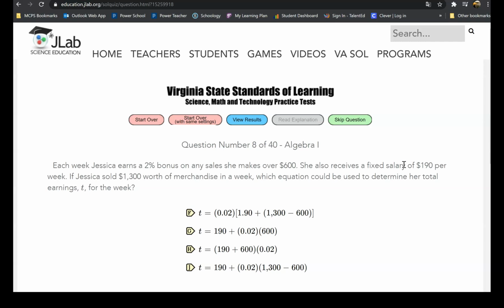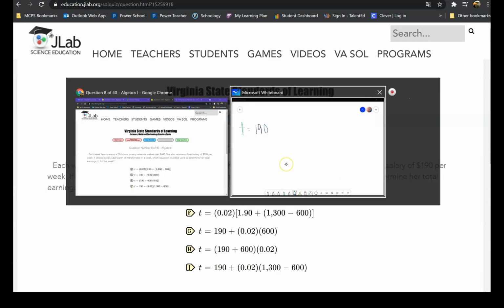She sold $1,300 worth of merchandise this week, but she only gets the 2% bonus on anything over $600. So we have to subtract $1,300 and $600.